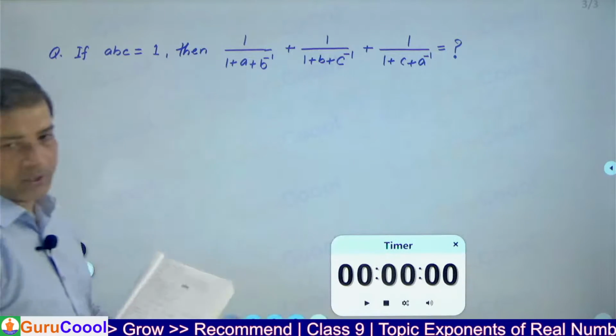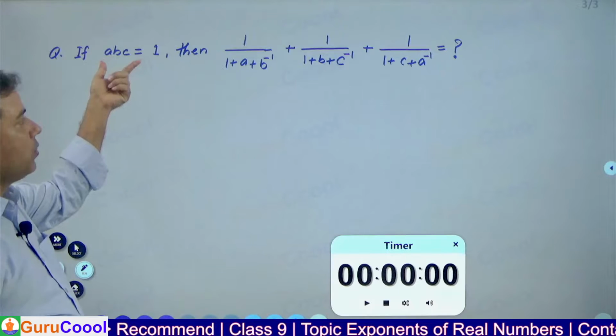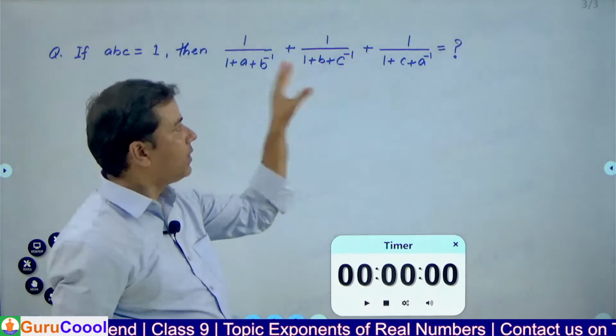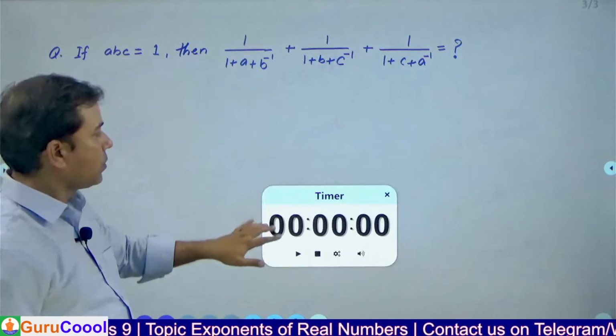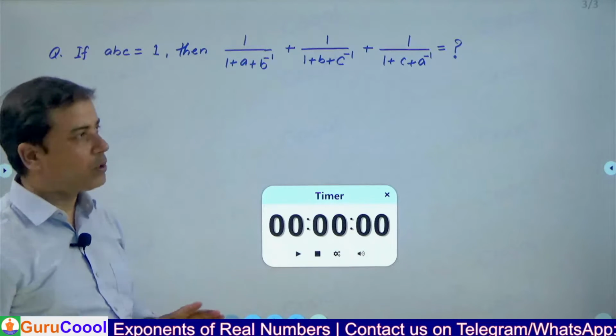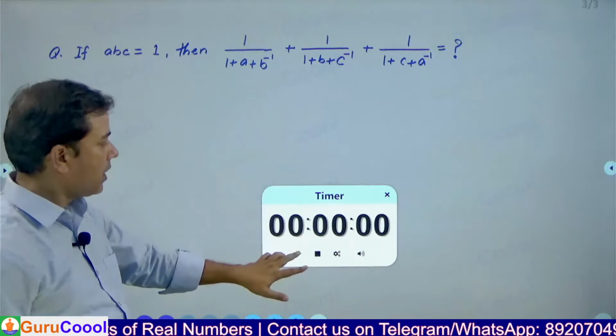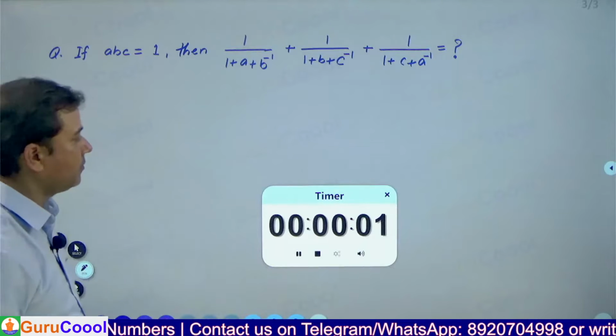You have to evaluate. The value of abc is known and we have to find the value of this expression. So take this time, you have 4 minutes to finish it. 4 minutes, I'll wait. Start.